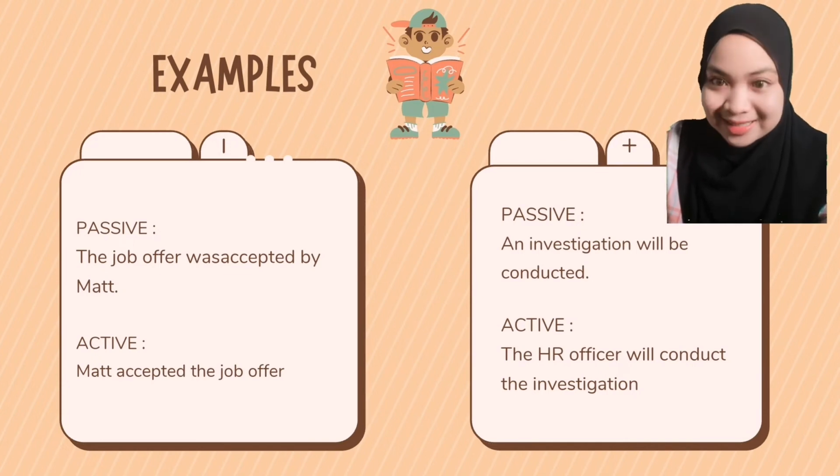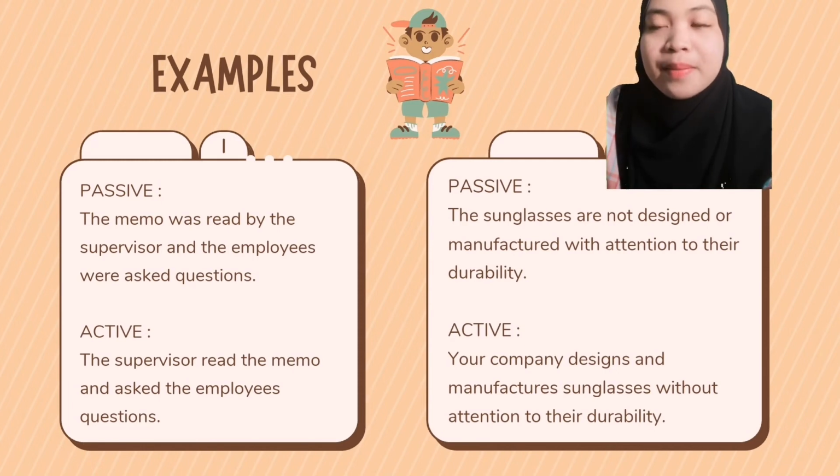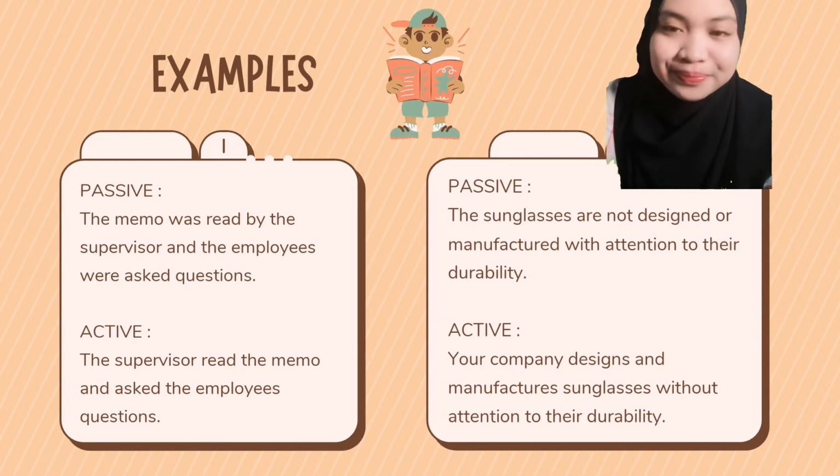It has more details. For the third example, the passive is, "The memo was read by the supervisor and the employees were asked questions." We change it to active: "The supervisor read the memo and asked the employees questions."